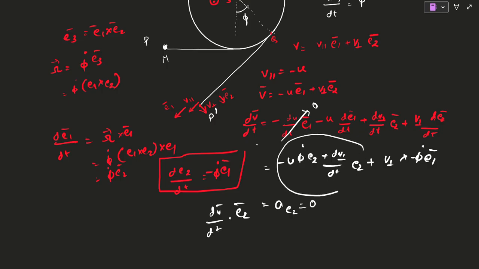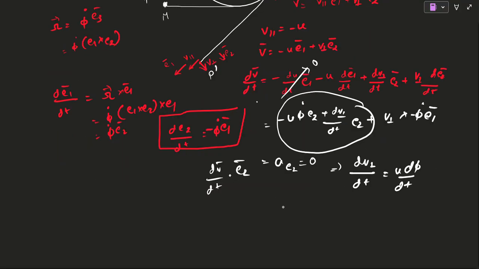Hence I'll get dv perpendicular by dt equal to u d phi by dt, and proceeding with the calculation, just integrating, you'll get v perpendicular equal to u phi plus c. Now when phi is equal to 0, we know that v perpendicular is equal to 0. Hence v perpendicular will come out to be u phi.